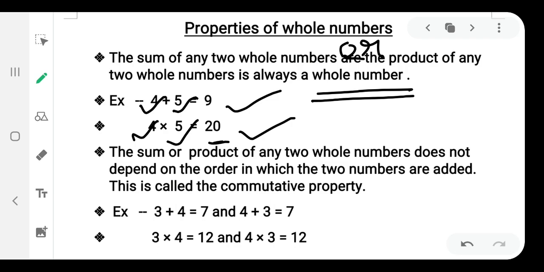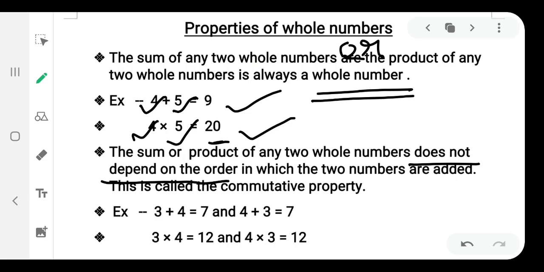It does not depend, this word is very important, does not depend on the order. Order means sequence, whether it is first or last or in the middle, it does not depend on the order of the numbers. It gives the same result always.